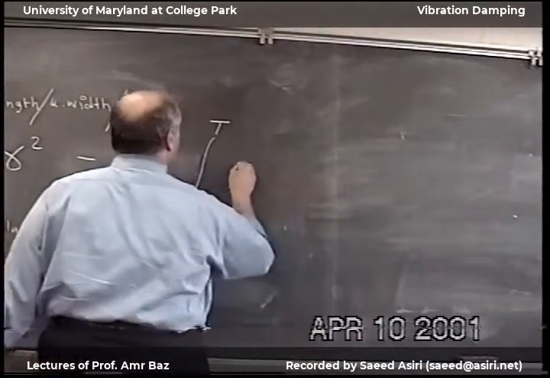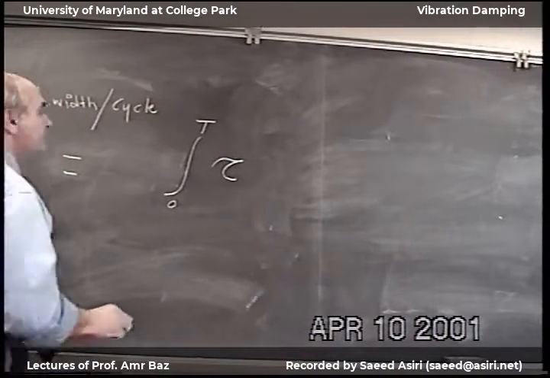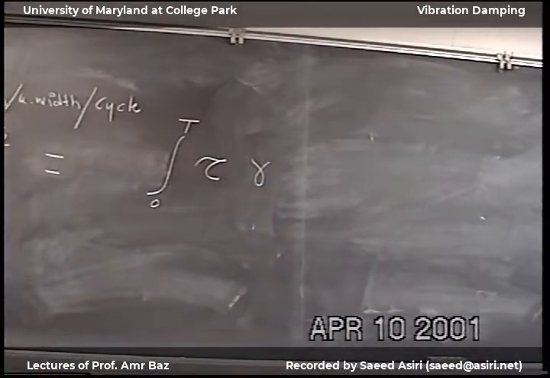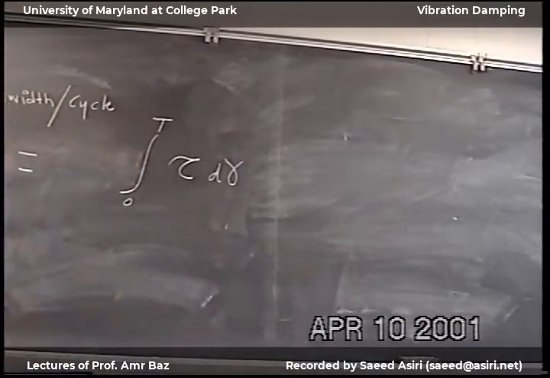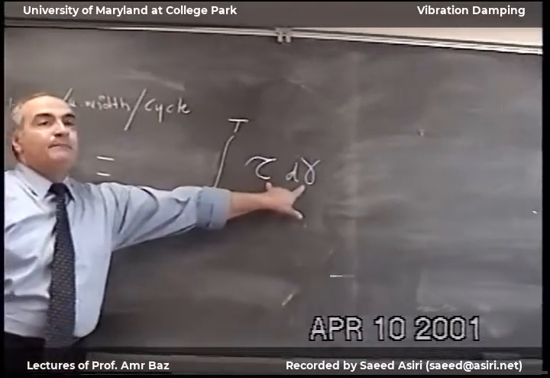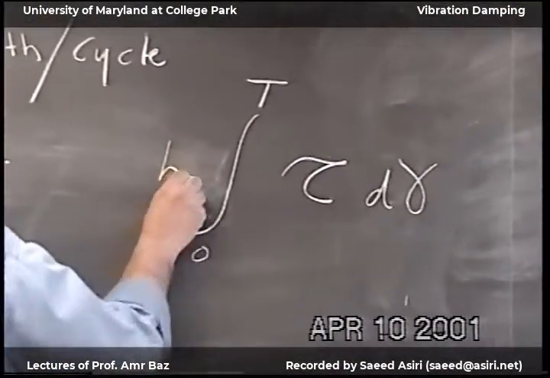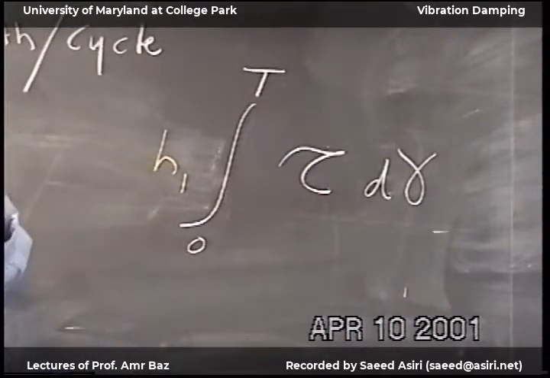And then here we have the shear stress times gamma, d gamma, and so this would be the energy dissipation per unit volume, and then I'm going to multiply this by H1. So this is the energy dissipation per unit length per unit width.